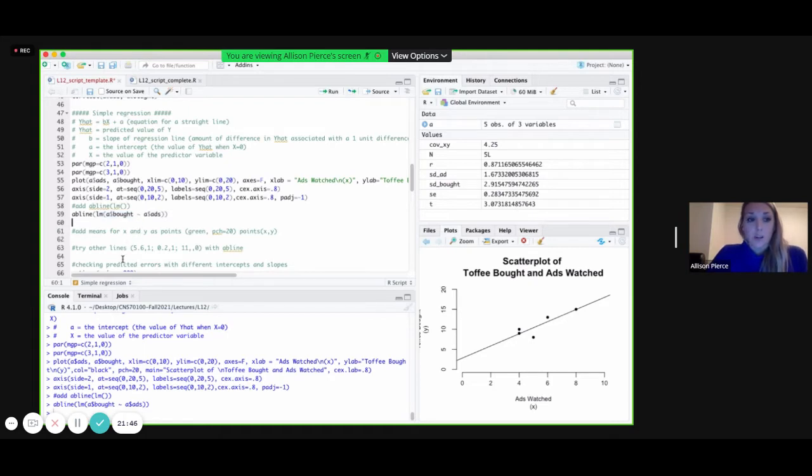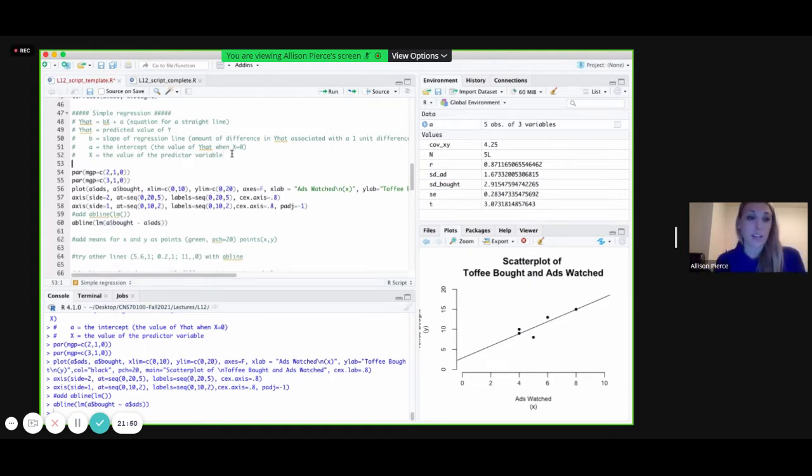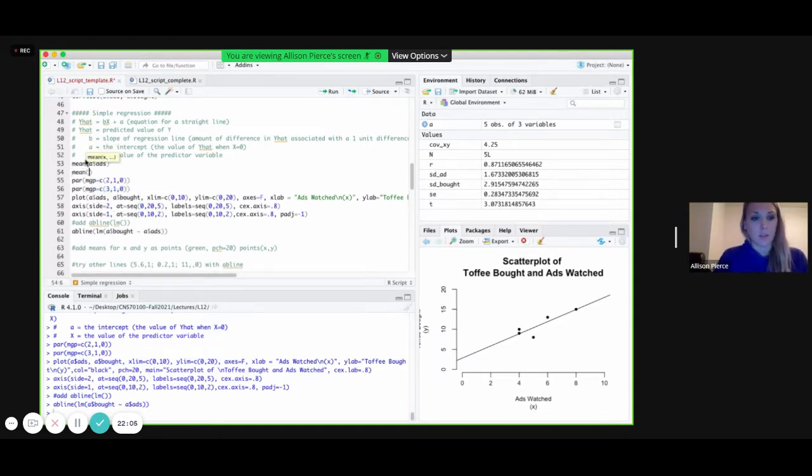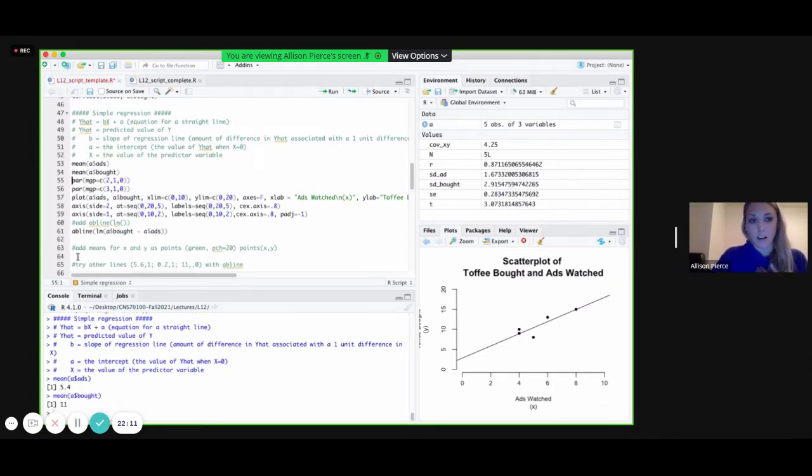But you can also imagine that we could just plot, let's say we want to highlight our means for X and Y. So I'll just calculate the mean for X and the mean for Y, just so we have it. So 5.4 and 11.